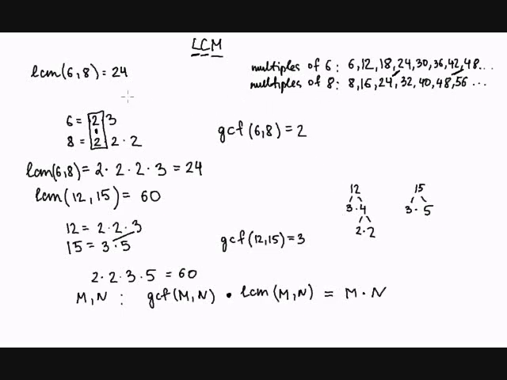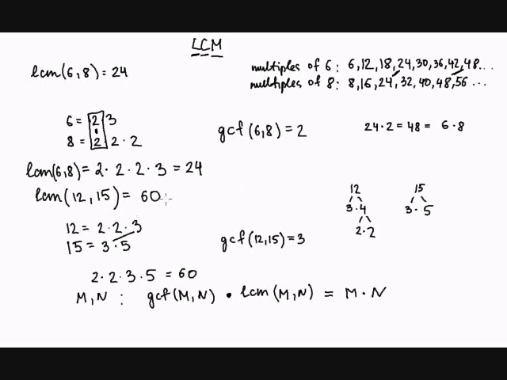In the first example, we have numbers 6 and 8, and LCM was 24, GCF was 2. 24 times 2 is equal to 48, and 48 in fact is equal to 6 times 8. Very nice. Let's check this property on the second example.